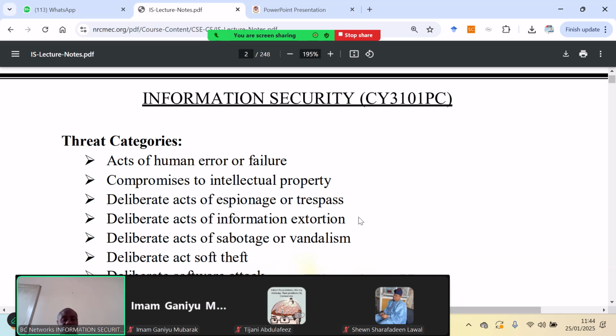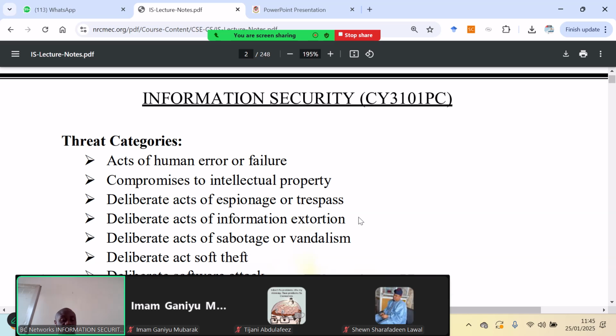Another threat category could be explained as deliberate acts of espionage or trespass. And what does this mean? Espionage is probably a kind of social engineering approach, by the use of phishing attempts to test people's diligence towards an information system, or sometimes we call it trespass. Under this trespass, we have maybe hacking, that is black hat hacking, or even some hacking could be in the form of trespass when you hack an information system without the consent of the user or the organization.